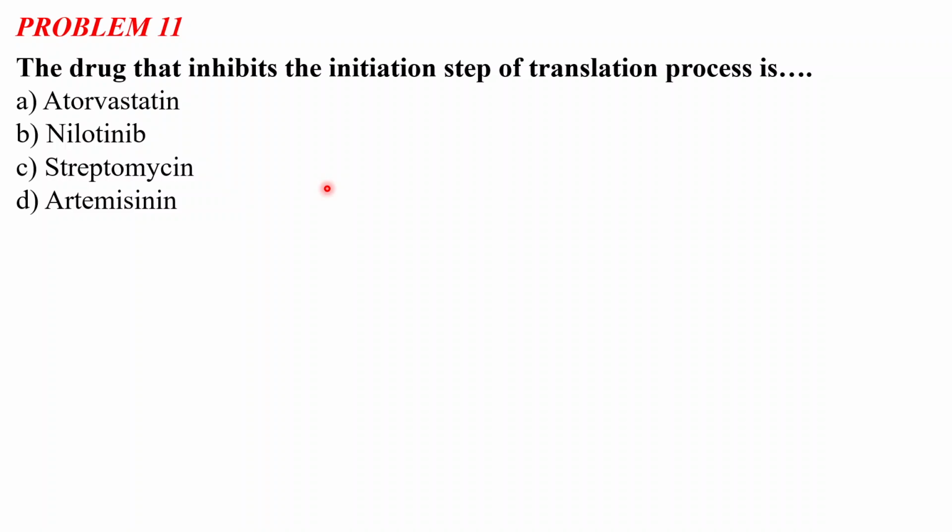Your options are number A, atorvastatin; number B, nilotinib; number C, streptomycin; and number D, artemisinin. Which of the following drugs inhibits the initiation step of the translation process?